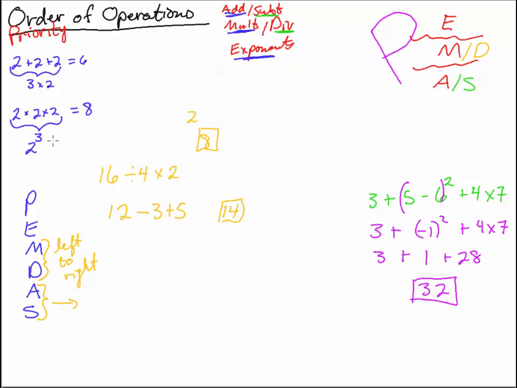There is another one, if you would like to, BEDMAS. At least in British speaking countries, they'll put that D first, which some people are like, wait, you messed up. Actually, if you put the D before the M, you don't have to remember left to right. It will always work.